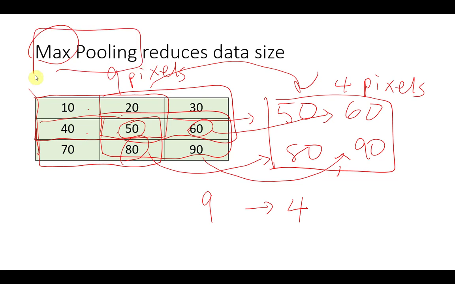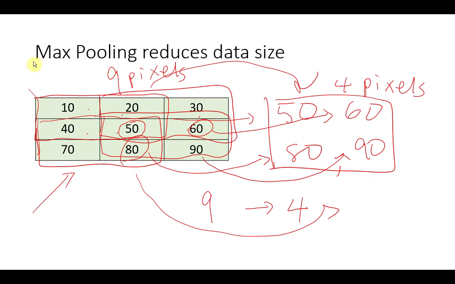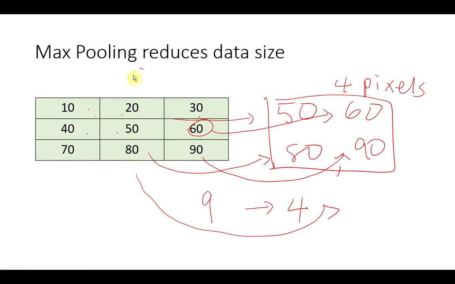And this is what max pooling is saying basically. We are unable to just handle the original image size. What we're going to do is reduce it. How do we reduce it? We just take a subset and take the largest value and call it max pooling. Okay. So max pooling is one of the methods.